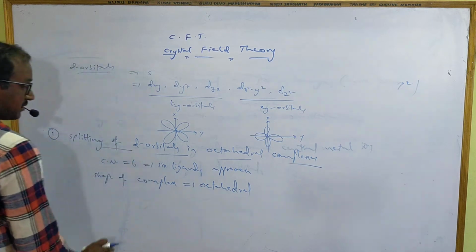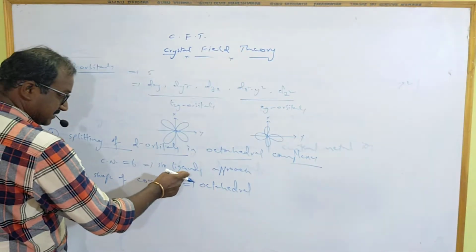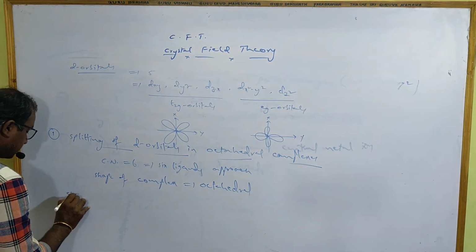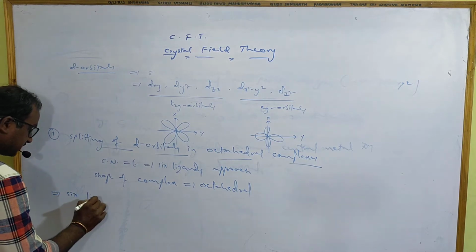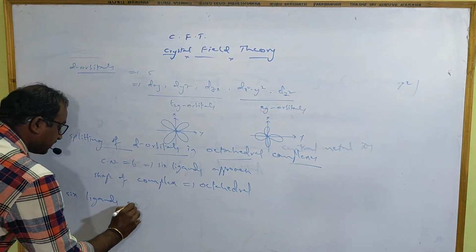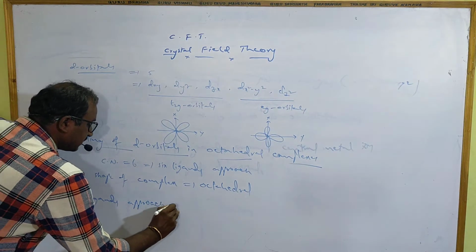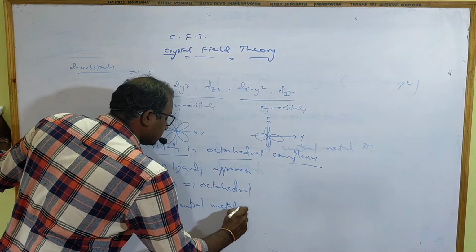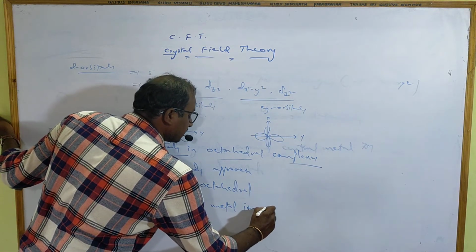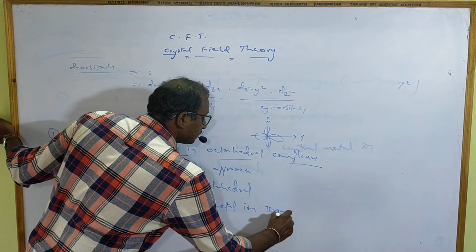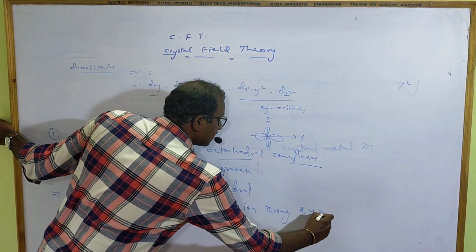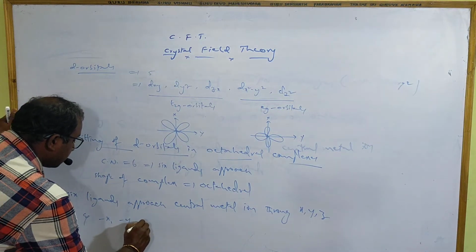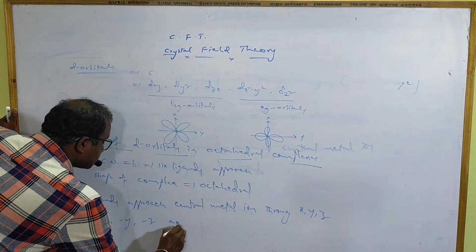So in these octahedral complexes, 6 ligands approach the central metal ion through the x, y, z and minus x, minus y, minus z axes.